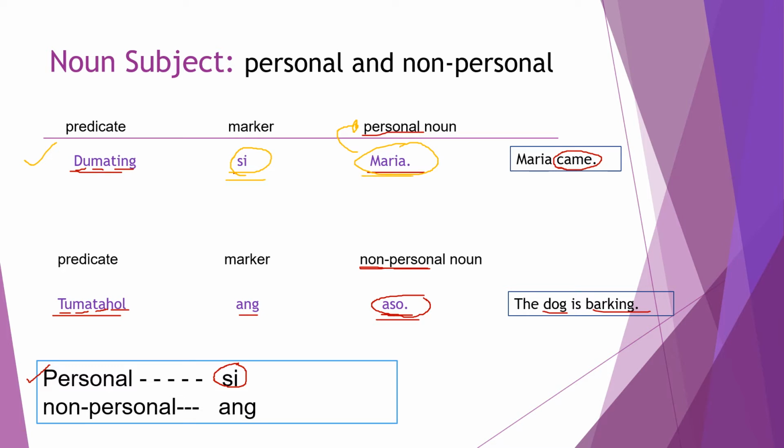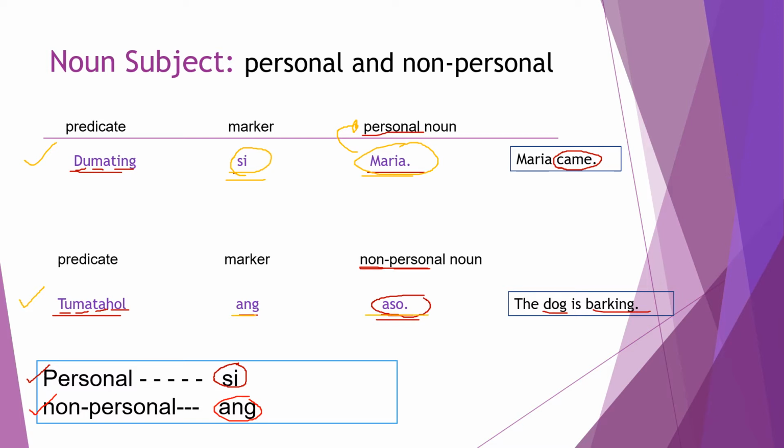The second one is for non-personal. We use the marker ang. In this example, tumatahol ang aso. If the question is asking who is barking, the answer is ang aso.